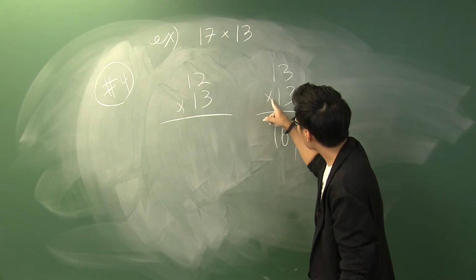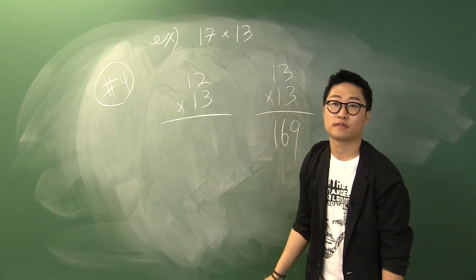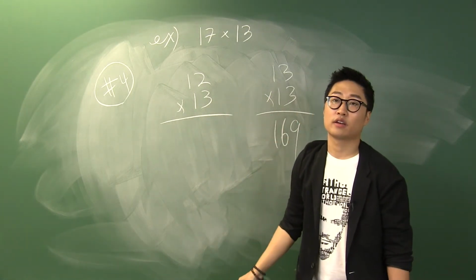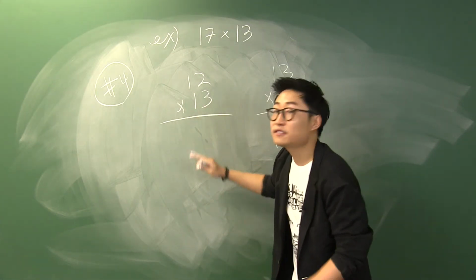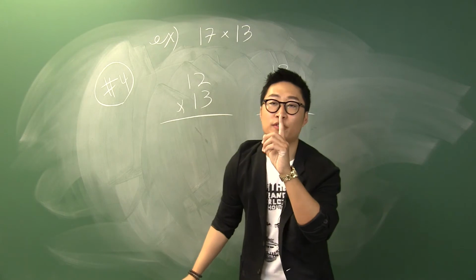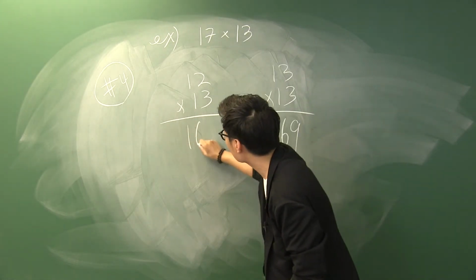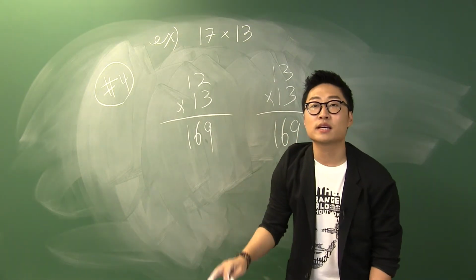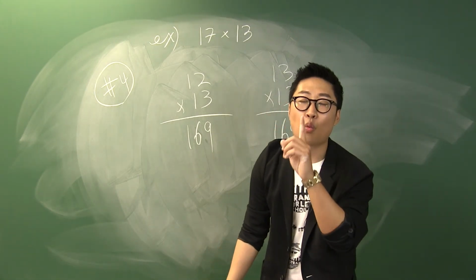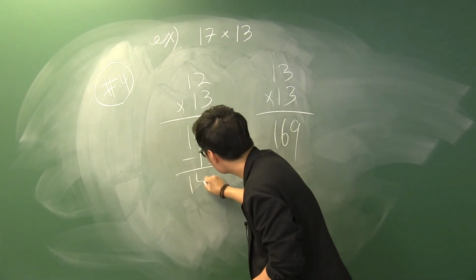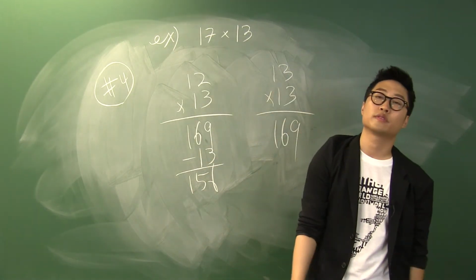This is 13 of 13, but this thing is 12 of 13, which means this thing is missing one of the 13 from over here. So it's going to be the same as 13 times 13, except now we're missing one of the 13. So we're going to subtract the 13 off. It's still 156.